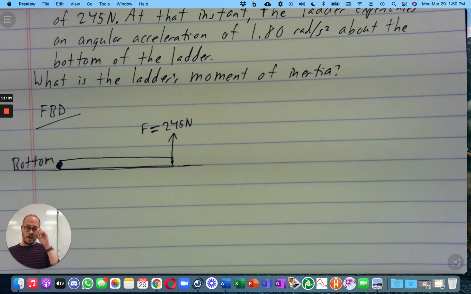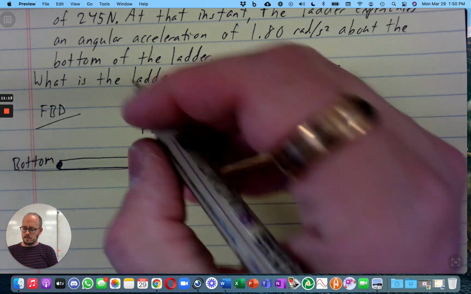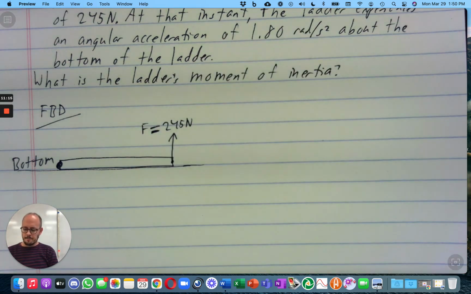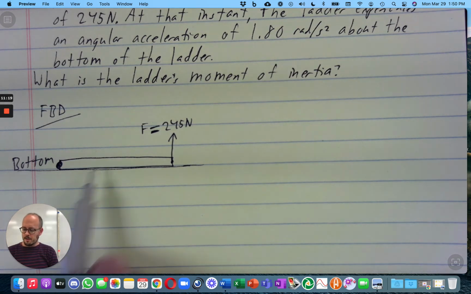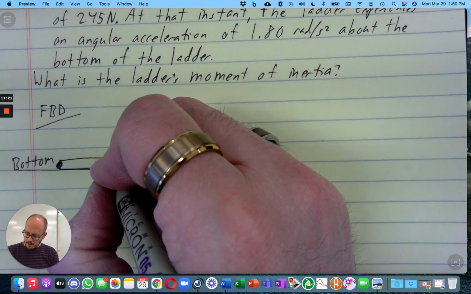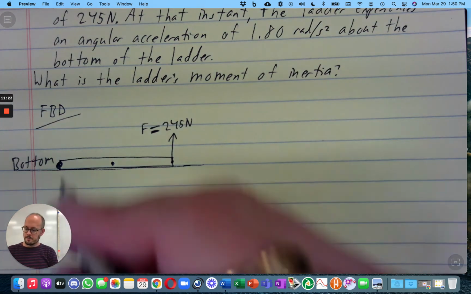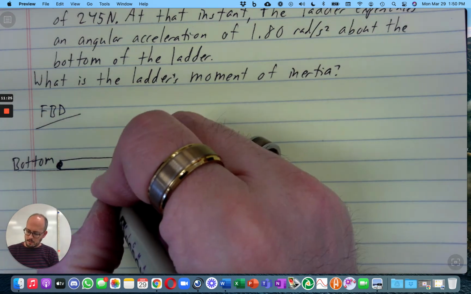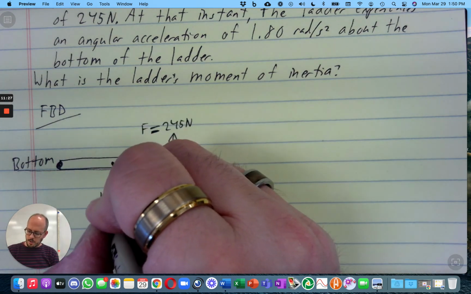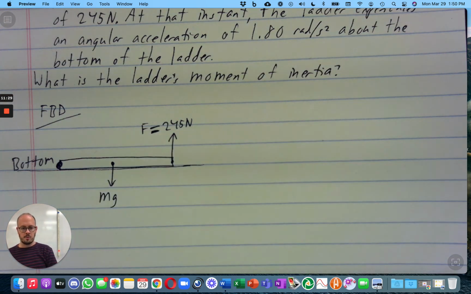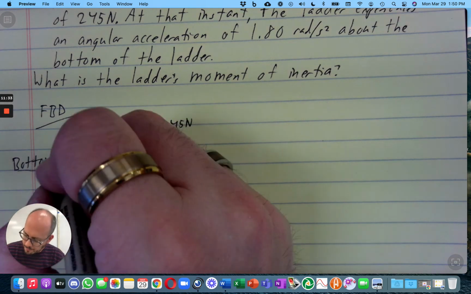So let's do the weight of the ladder first. The weight of an extended object happens at its center of gravity or its center of mass. And for extended objects in this class, that's going to be right at the middle. And so that is going to be the force of gravity for the weight of the ladder.